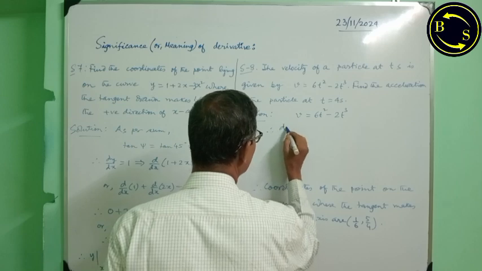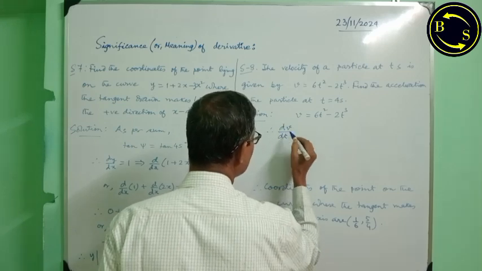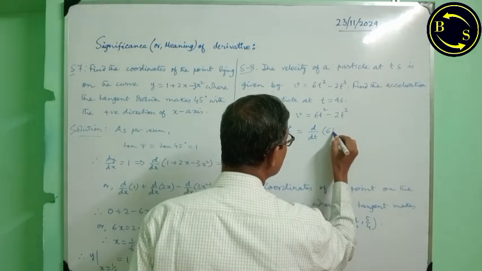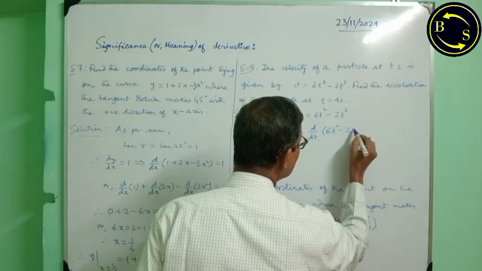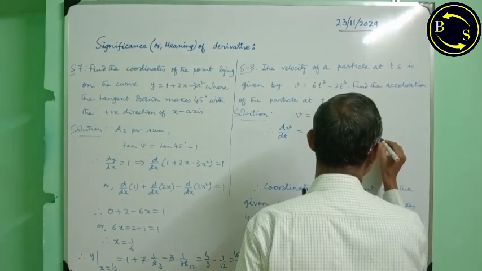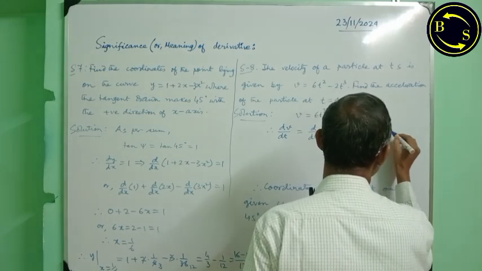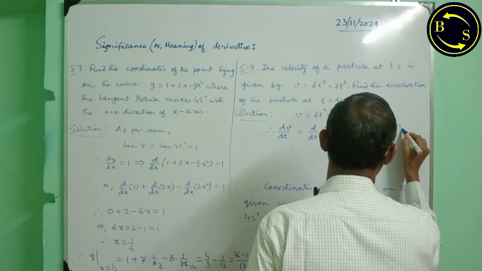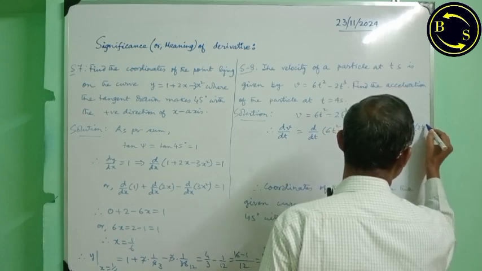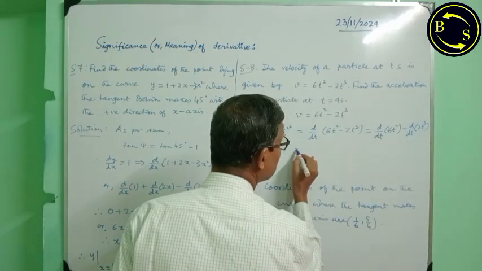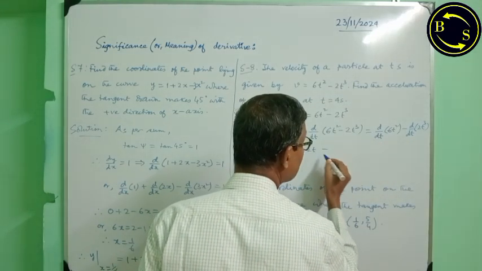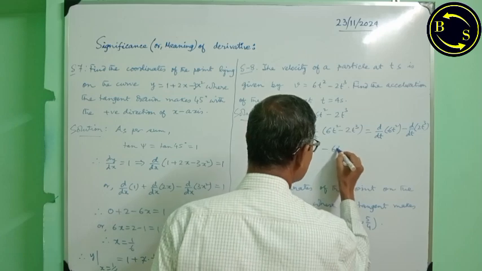Therefore, dv dt is equal to d dt of 6t square minus 2t cube, that is equal to d dt 6t square minus d dt 2t cube, that is equal to, this will be 12t minus 6t square.